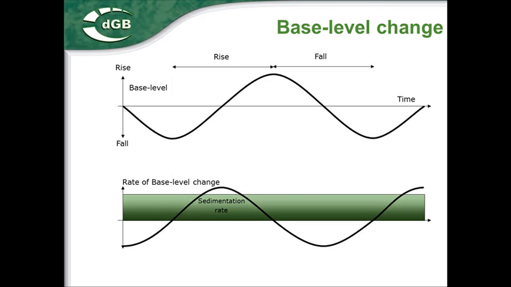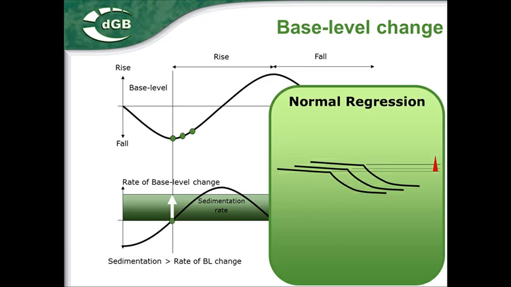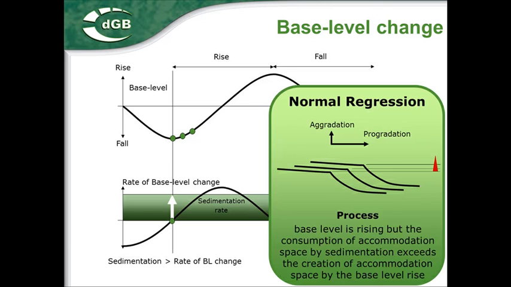And if I put in now a constant sedimentation rate, and I start here, then this is my initial situation. Now I'm moving through geologic time, and in this case we have a sedimentation rate that is larger than the rate of the base level change. The pattern that emerges is one of normal regression. You see aggradation building upwards and progradation building outwards.